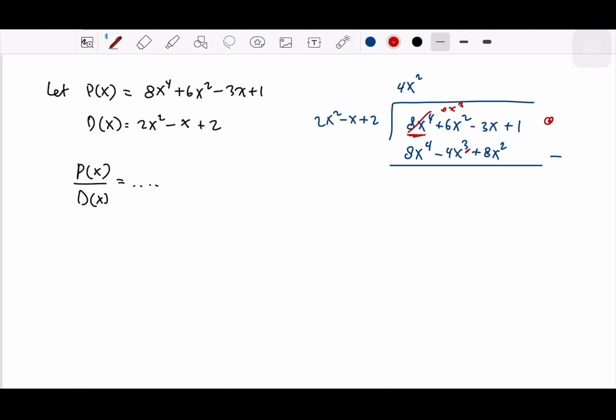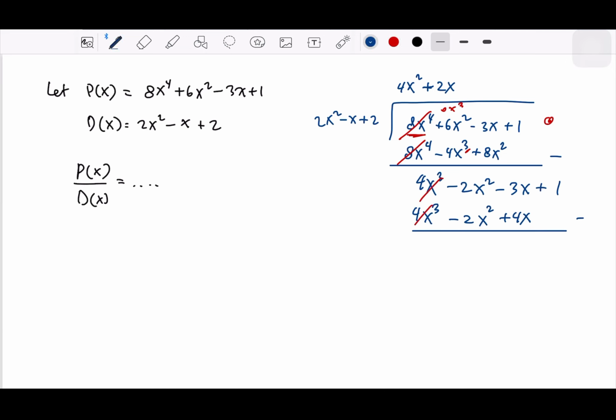Canceling this, we have 0 minus 4x cubed, which goes to be 4x cubed, and then 6x squared minus 8x squared is minus 2x squared, minus 3x plus 1. Now we have 4x cubed, so we need to multiply by plus 2x, so we will have 4x cubed, and then negative 2x squared, and then plus 4x. Okay, and then we need to subtract.